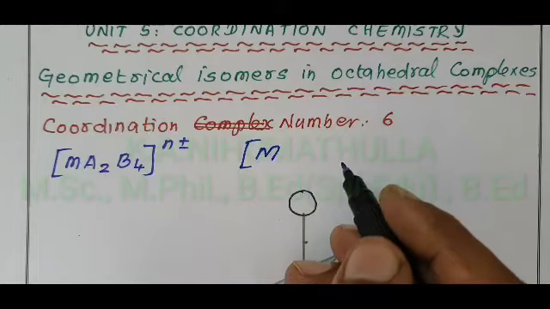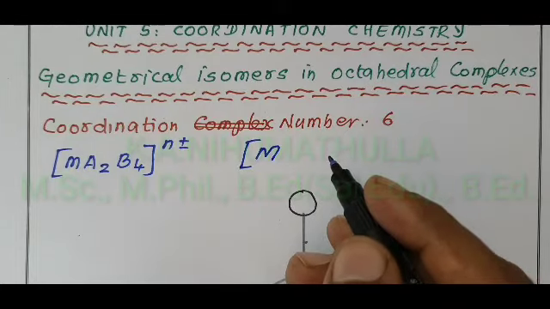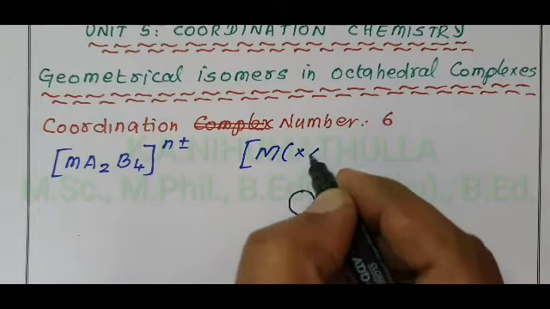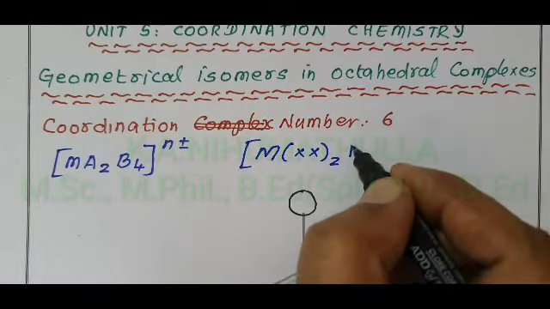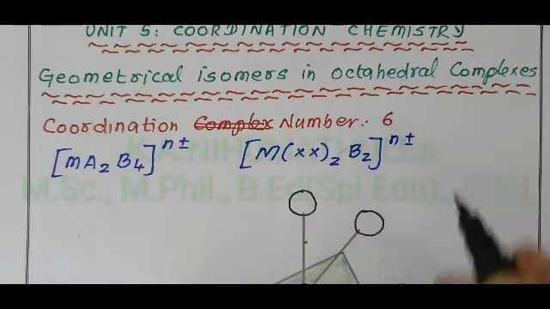One more example in the octahedral complexes, coordination number 6: M is the central metal ion, X2 and B2, n plus or minus.